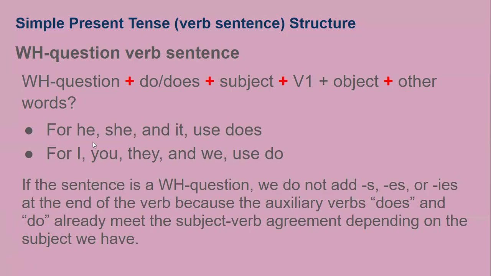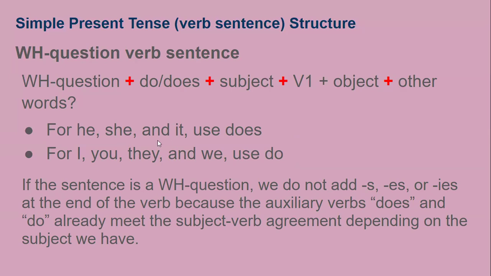So if our subject is she, for example, already the auxiliary verb that we use, which is does, meets the subject-verb agreement. Why? Because it ends with es. Hence, we do not change or do anything to our infinitive verb. We leave it as it is.